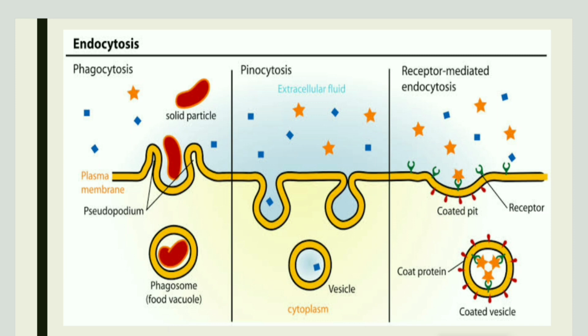In receptor mediated endocytosis, specific molecules are taken in. These molecules first have to bind to the receptor, and once they bind, they form a protein coated pit, and a protein coated vesicle is obtained. These vesicles then fuse with endosomes and release the substances. So these are the 3 types of processes in endocytosis.